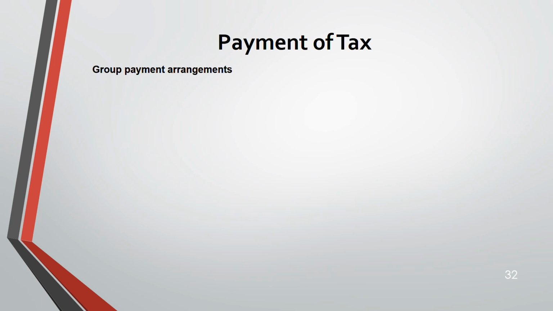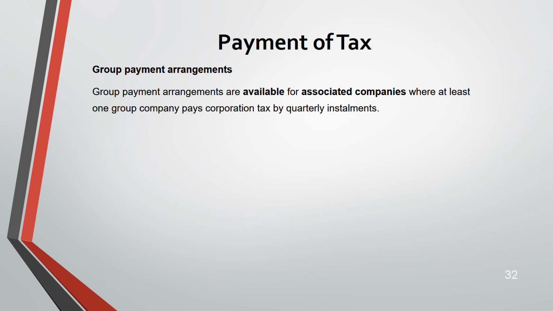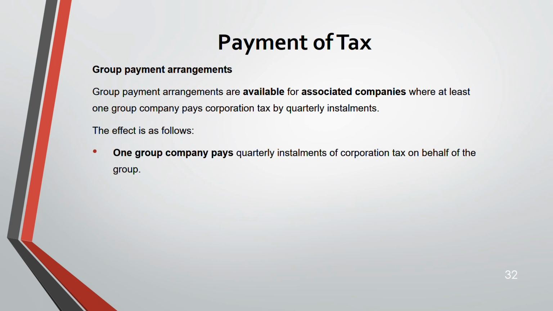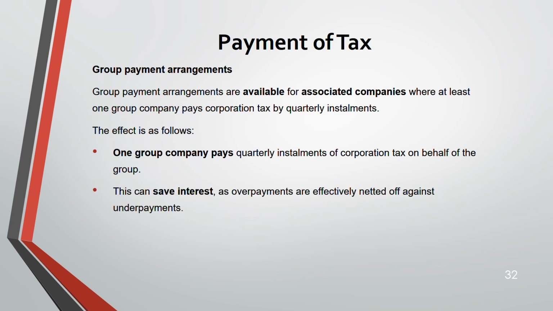Now, group payment. Group payments are available for associated companies where at least one group company pays corporation tax by quarterly installments. The effect is this: one group company will pay on behalf of the whole group. They will pay quarterly installments of the corporation tax. What happens because of this?